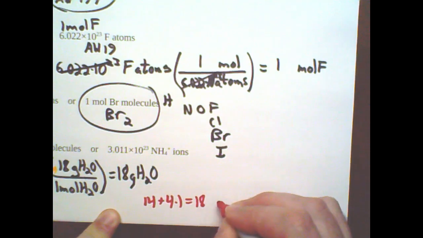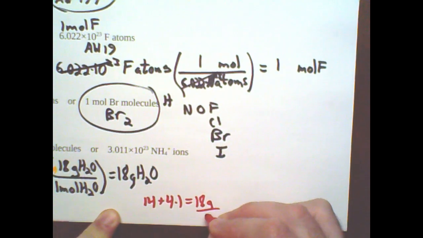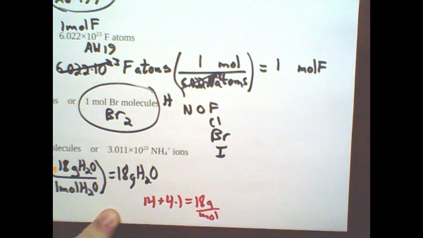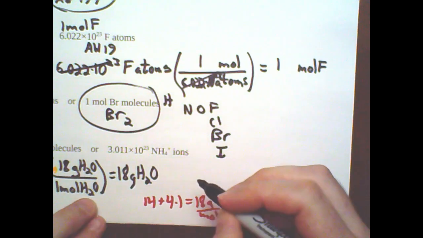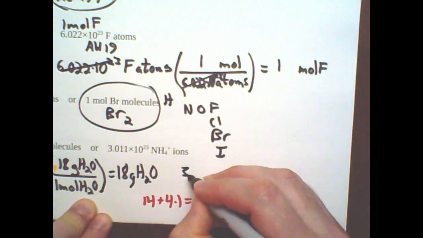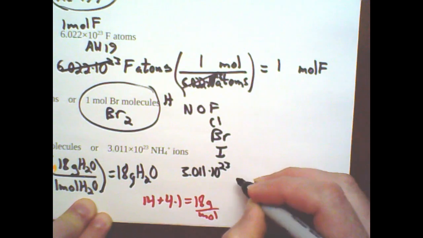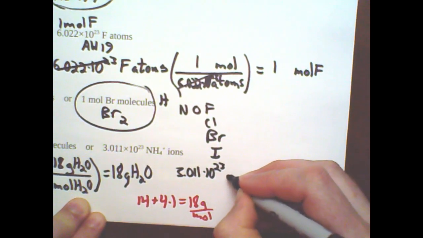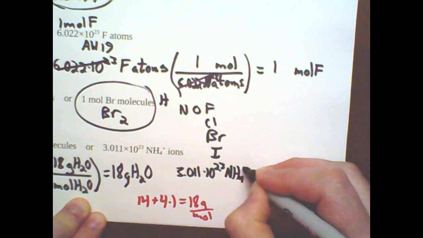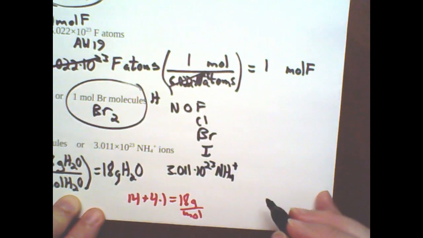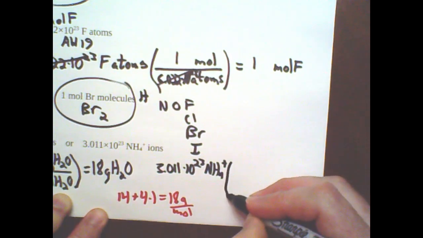This is really close to 18 grams per mole, just like the oxygen. So we need to do a conversion. We need to take our 3.011 times 10 to the 23rd NH4 plus ions and convert that to moles.